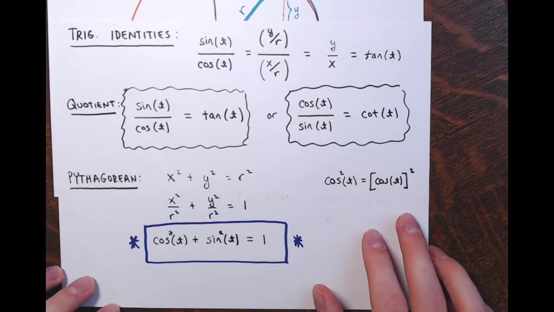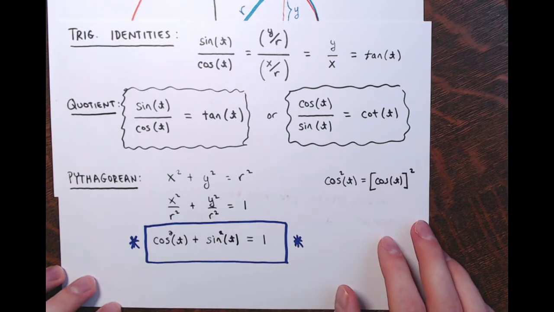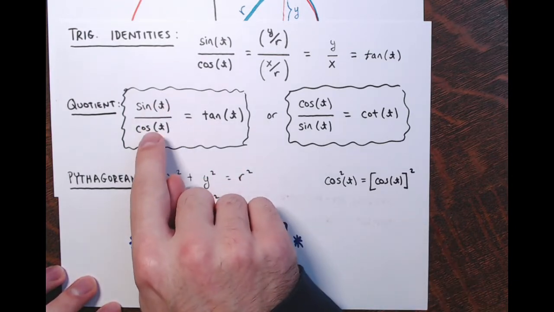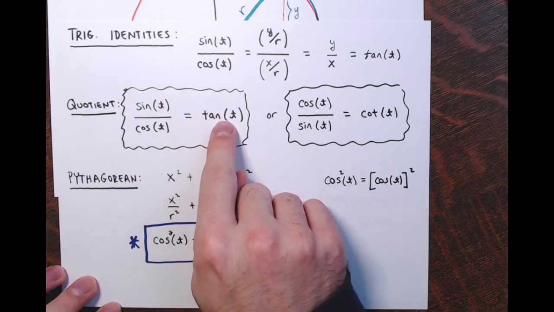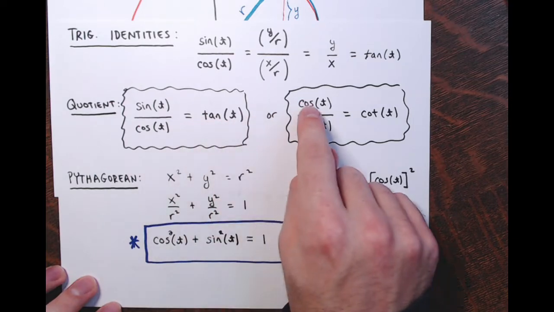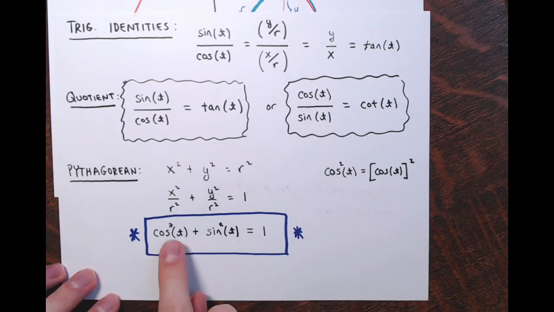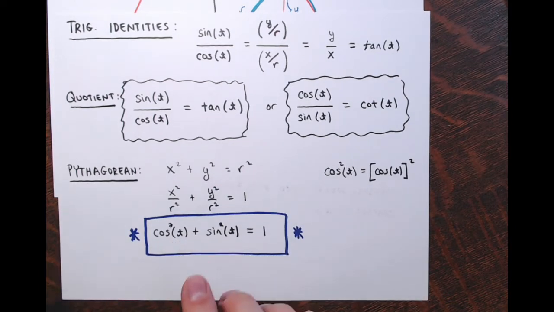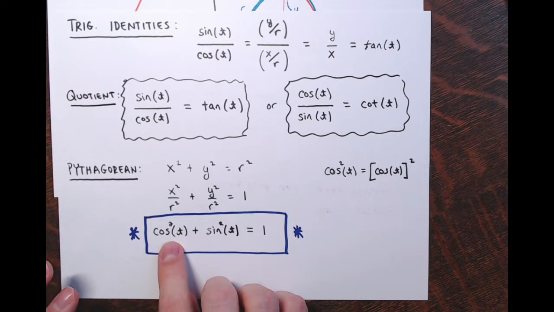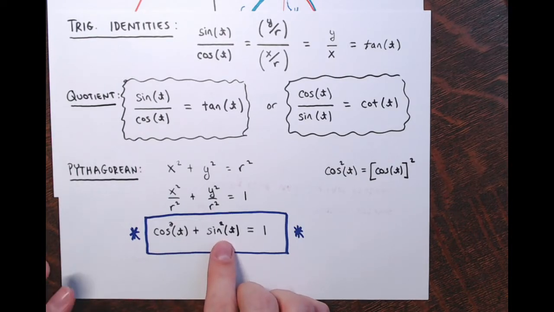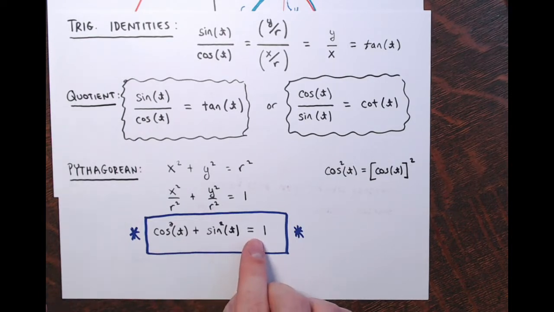You have a few identities that I'd like you to know. The sine of an angle divided by the cosine of an angle is the tangent of that same angle. And then you can flip those. Cosine divided by sine is cotangent. And also, big one here, for any angle, the cosine of that angle squared plus the sine of the angle squared will always be equal to the number 1.